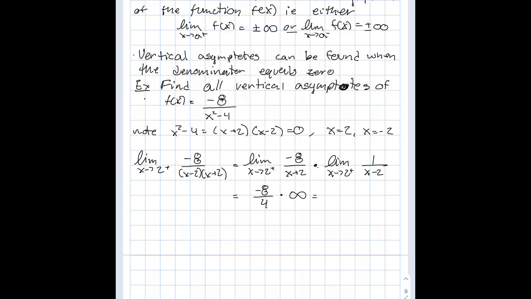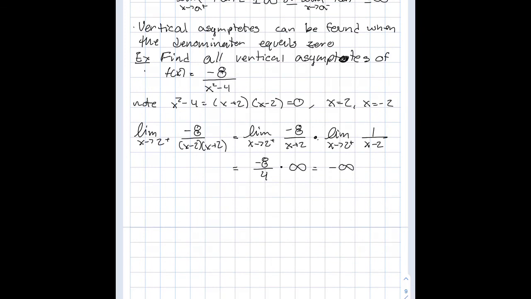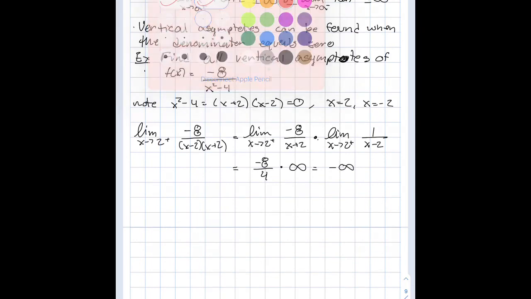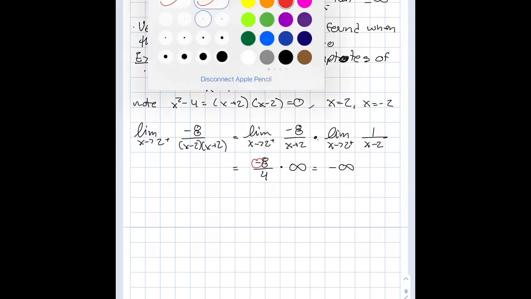So then this is negative 2 times positive infinity, so that's negative infinity. That's why it's still important to look at that other bit. If you tell me this is going towards infinity, that's a wrong answer. That negative is really important.